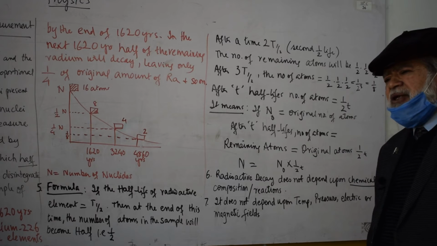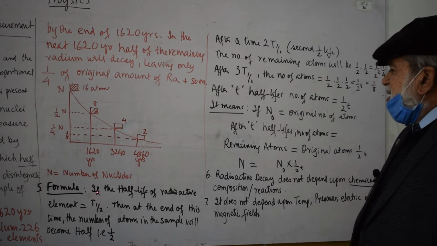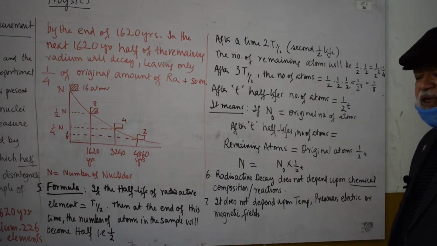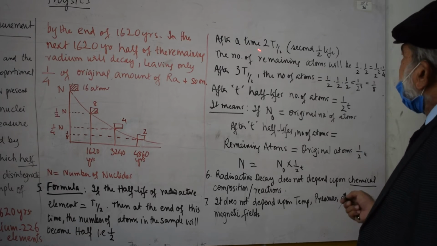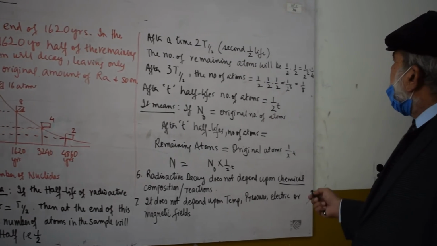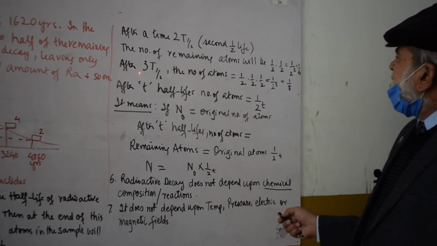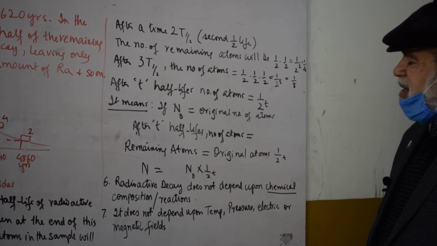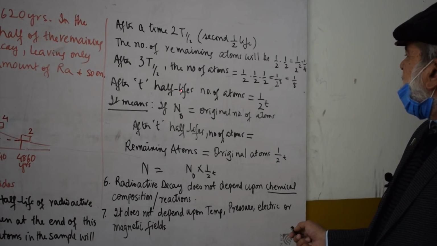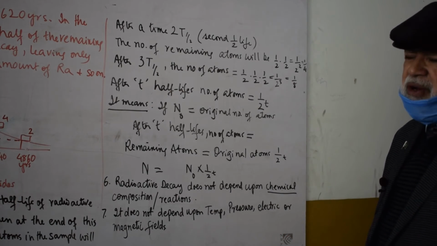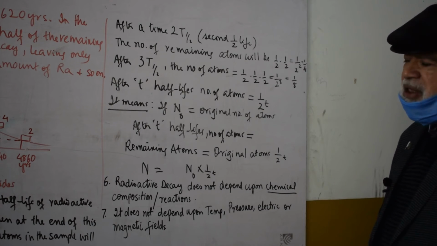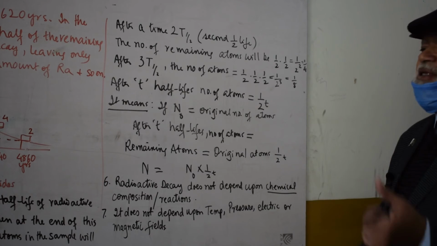The formula that you can use for this is: if the half-life of a radioactive element is T1/2, then at the end of this time the number of atoms in the sample will become half, that is 1/2. After time 2t, it will become 1/4. After time 3t, it becomes 1/8. And after t half-lives it becomes 1/2 to the power t, that is, the number of times it has been decaying.